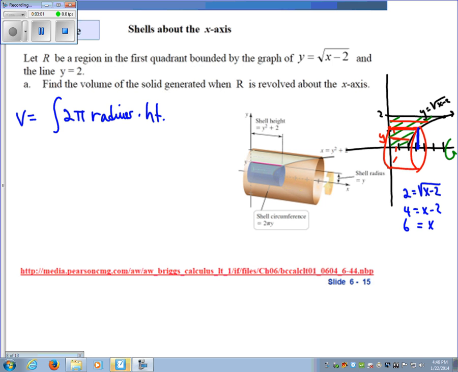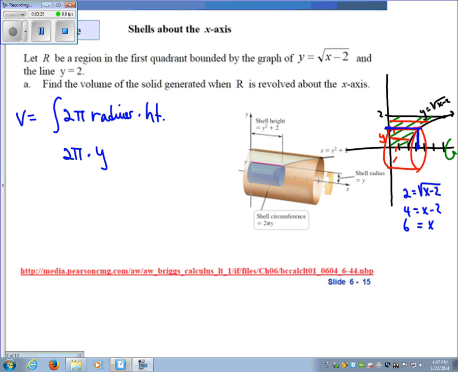So what does that correspond to? Well, that corresponds to the y value that we chose to form the cylinder. So the radius here will just be the y value, with the 2 pi out front. Because I chose the y when I chose this representative rectangle, I was looking for something parallel to the x-axis.